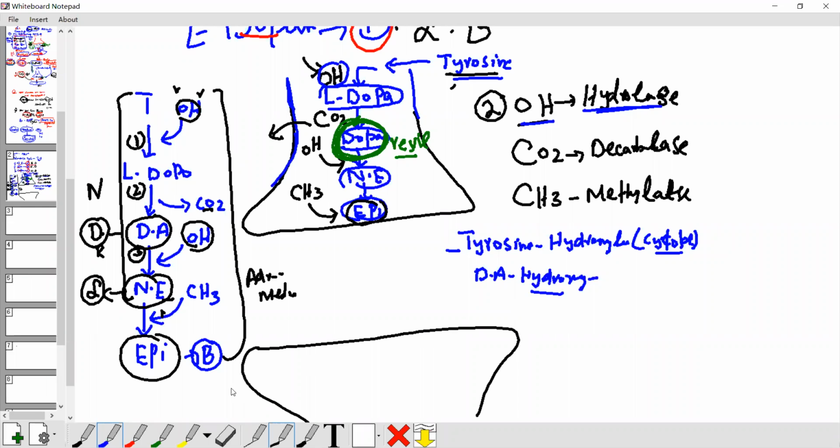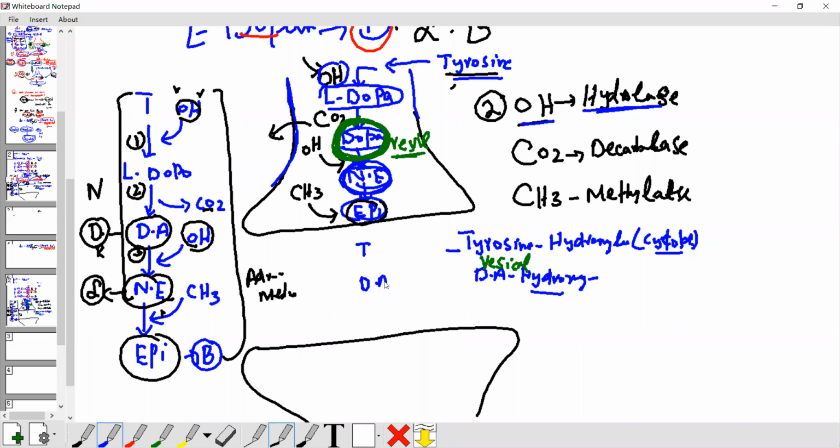Where is this dopamine hydroxylase present? You can see where your dopamine is: inside the vesicle. So this hydroxylase has another name, vesicular hydroxylase. Norepinephrine is produced inside the vesicle, not in the cytoplasm. Clear or not? The tyrosine outside changes to L-dopa, then L-dopa changes to dopamine.